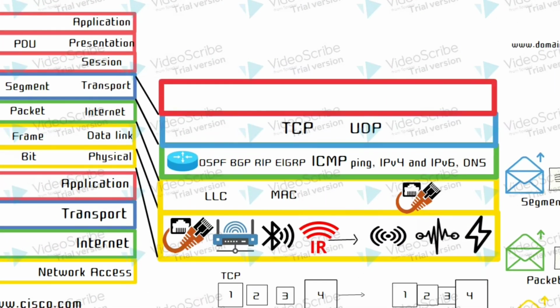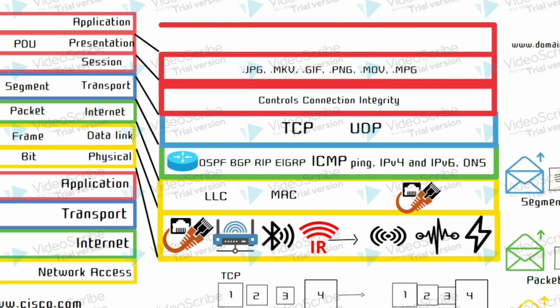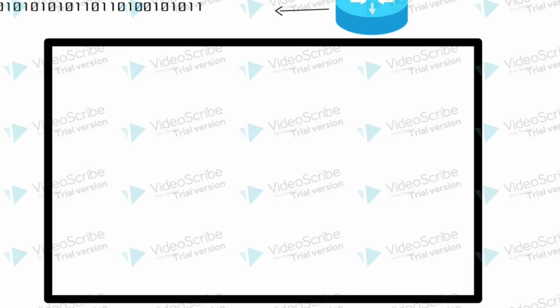Finally, the session layer works with connection integrity and sessions. The presentation layer works with the format of the data. And the application layer shows the data with the right application on the user interface. Now let me tell a little about these applications.